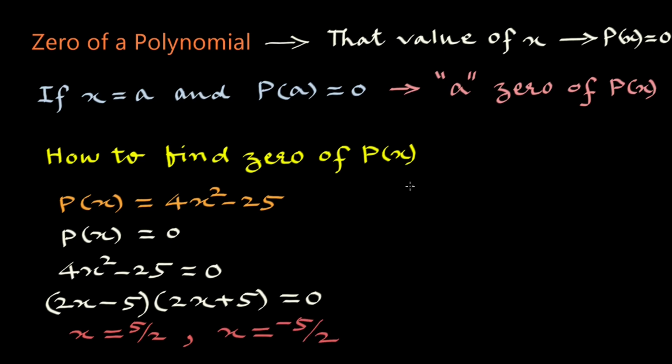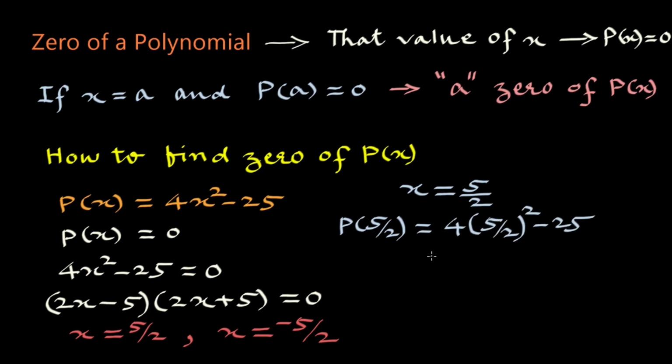Now for x equals 5 upon 2, p(5/2) will be 4 into (5/2) square minus 25.